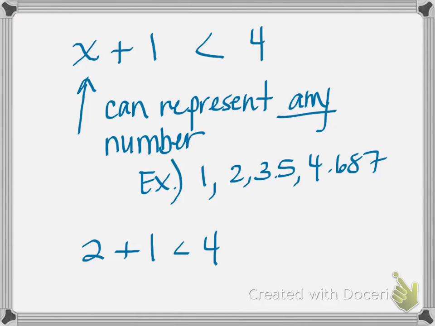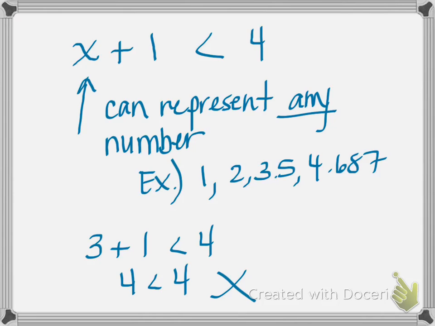Does that work? Absolutely. 3 is less than 4. Hooray. Let's try 3. 3 plus 1 is less than 4. Is 4 less than 4? No, it definitely is not. 4 is equal to 4.